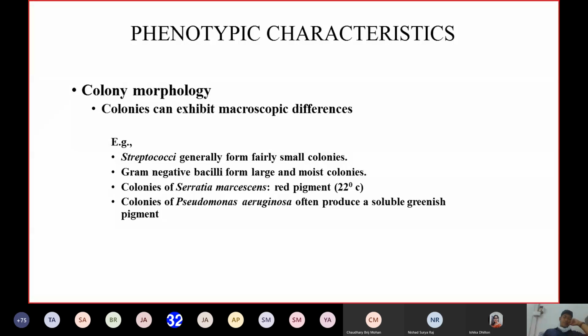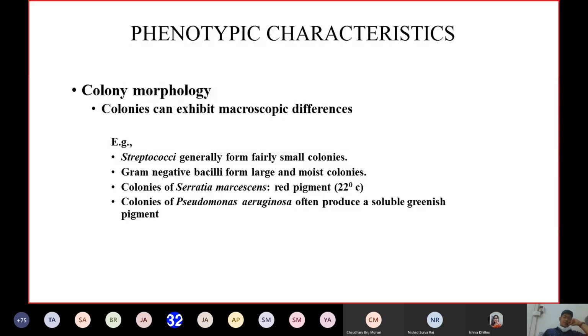If they are not producing capsule, they will make moist colonies. Similarly, colony of E. coli, colony of Klebsiella are different. Colony of Citrobacter is slightly different. Serratia marcescens will make red pigmented colonies. Pseudomonas aeruginosa can make dry colonies, can make mucoid colonies, can make moist colonies.